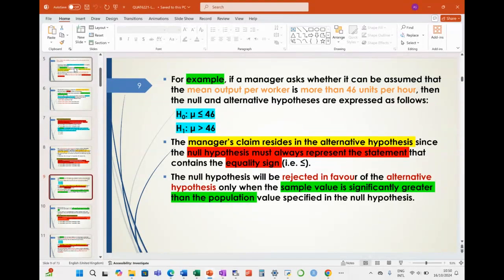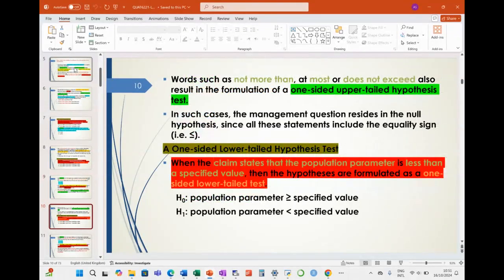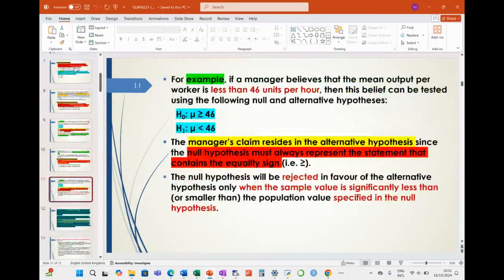So if we find ourselves in a situation where we can't have the management claim in H0 because it will not allow us to have the equal sign, then it'll be in the alternative. And there's nothing wrong with it being in the alternative, by the way. Do both hypotheses have the equal sign? No. Only H0. Only H0. Only H0.